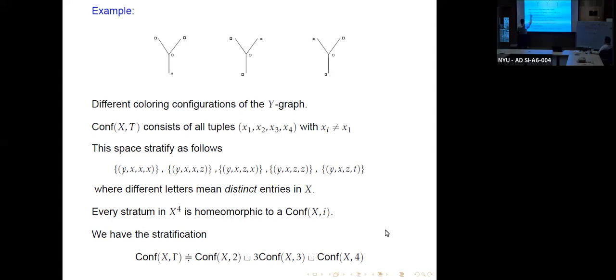This is the configuration of the T graph. I drew it as a T and then I drew it as a Y, so maybe I should put the configuration of the Y graph. And the configuration of the Y graph consists of tuples of points x1, x2, x3, x4, where x1 is not equal to x2, x1 is not equal to x3, and x1 is not equal to x4, because they are related by edges, but x2 could be equal to x3, x2 could be equal to x4, x3 could be equal to x4.